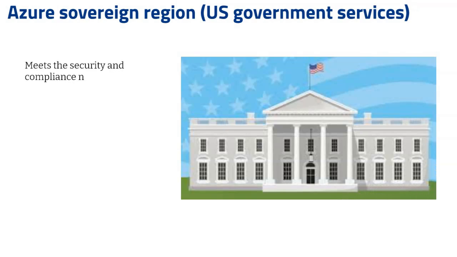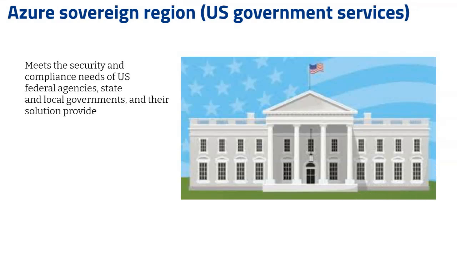Azure US is designed to meet the security and compliance needs of US federal agencies, state and local governments, and their solution providers. These regions are physical and logical network isolated instances of Azure for US government agencies and partners. These data centers are operated by screened US personnel and include additional compliance certifications.